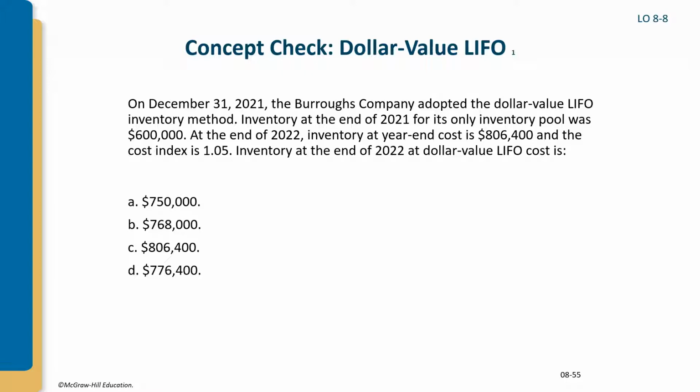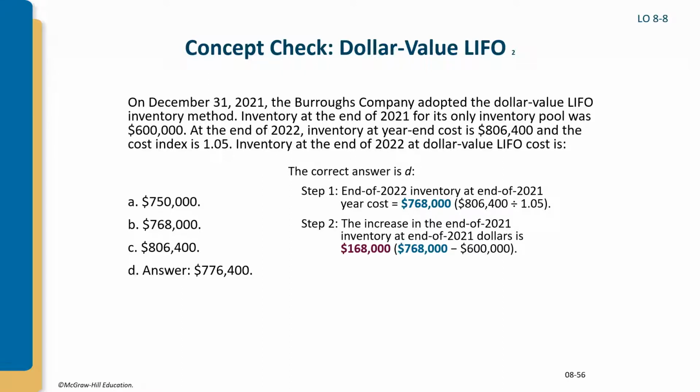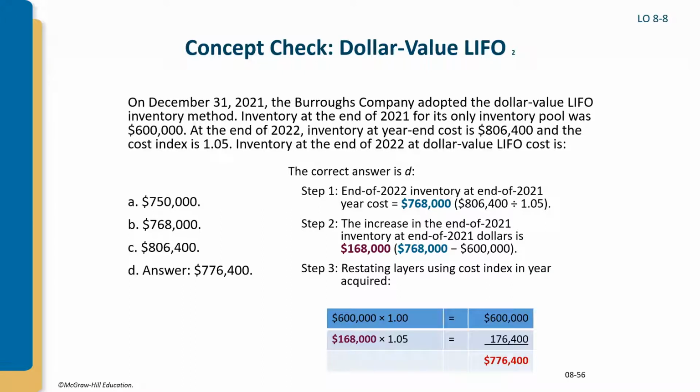So if we add the 176,400 plus the 600,000 under dollar value LIFO, your inventory should have been 776,400. So only the part of your inventory that increases this year at base year cost should be valued at current year costs. And that's what step 2 does.